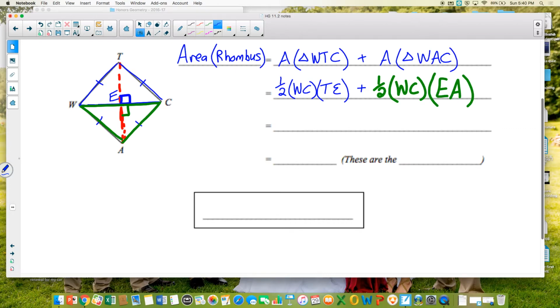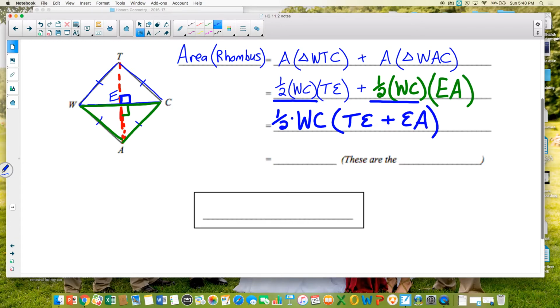And if you look at the GCF, think of our factoring reviews, these two terms have a GCF of 1/2 WC. So if we take out the GCF, which is 1/2 WC, and leave everything else in parentheses, we're left with TE plus EA.